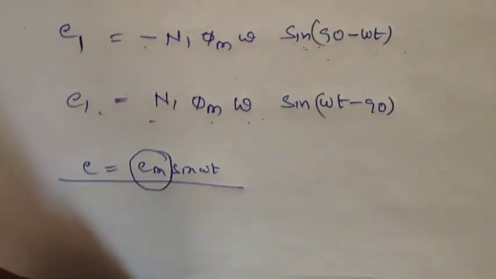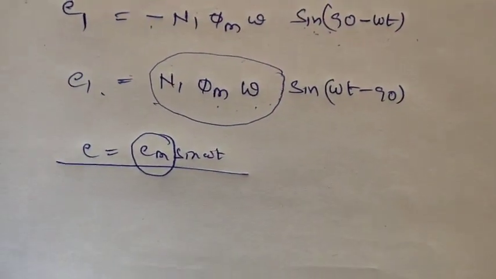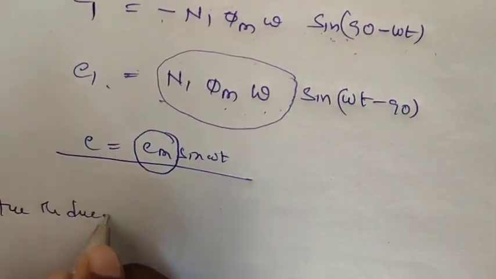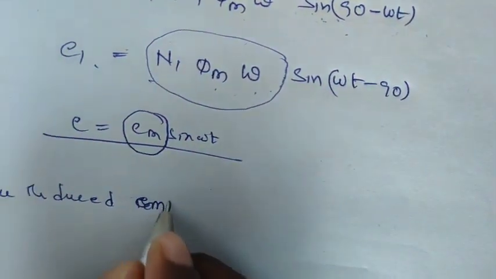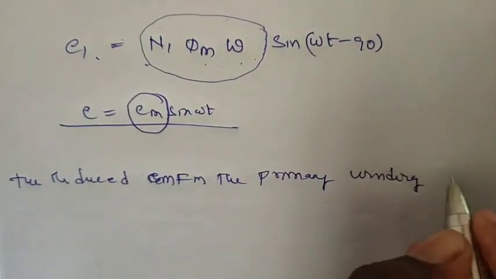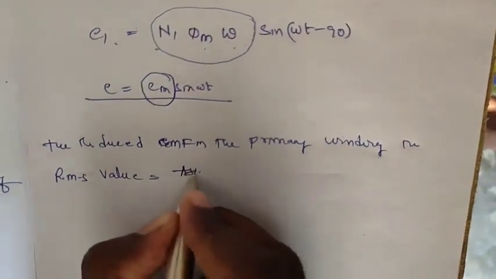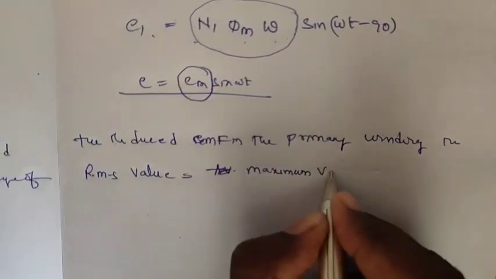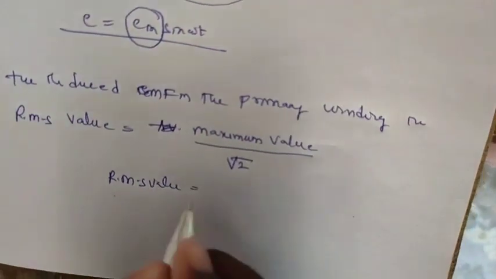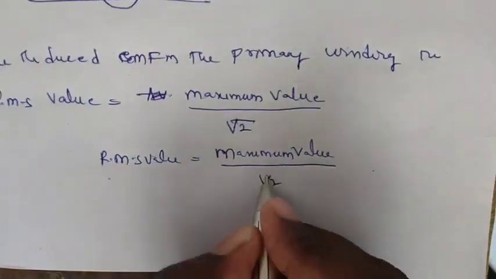This Em is the maximum value. The induced EMF in the primary winding in RMS value equals the maximum value divided by root 2.